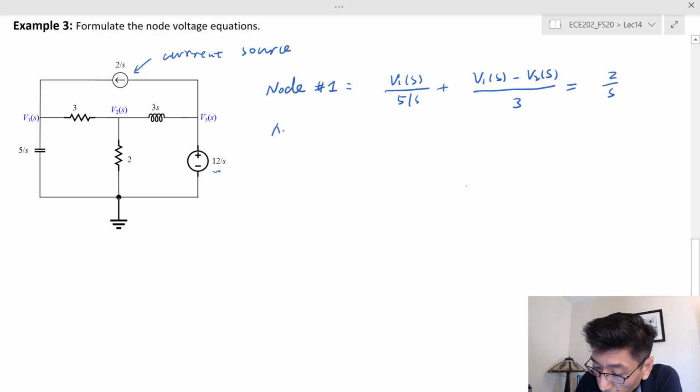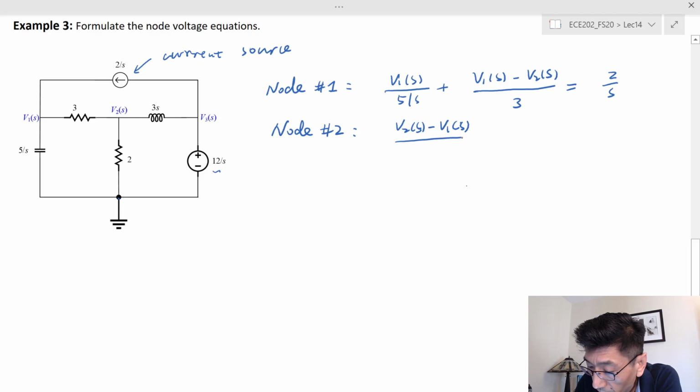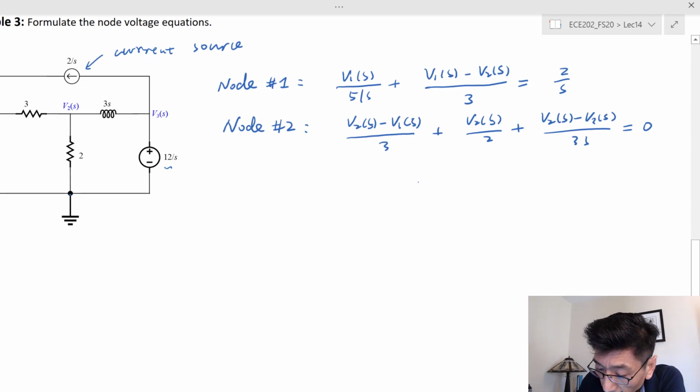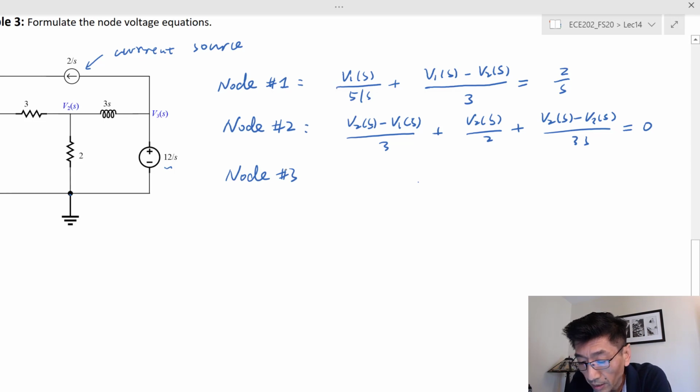It's the first equation, and then node number 2 we do just as we did before: V2 minus V1 divided by 3, plus V2 over 2, plus V2 minus V3 over 3s, equal to 0 because there are no current sources. At node number 3, we can't really write any KCL equation because the current through this voltage source is unknown, right?